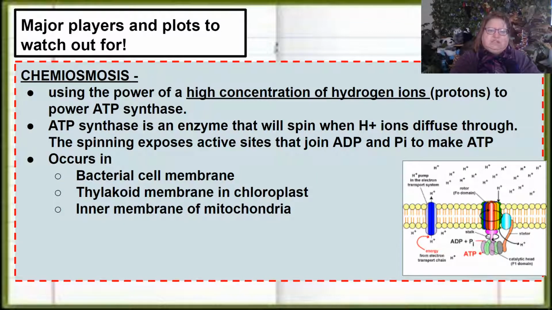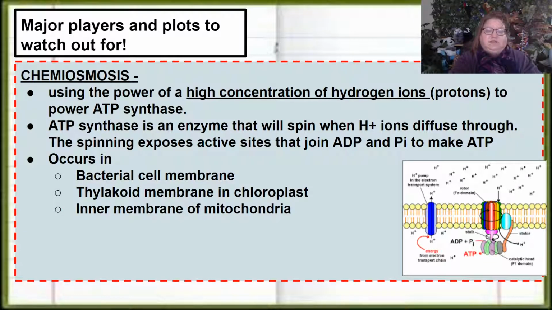The last major player to look for would be chemiosmosis, which is a fancy term. Think chemical and then osmosis. It's not water, but think diffusion. Chemiosmosis is when we use the power of a high concentration of hydrogen ions, and hydrogen ions are simply protons, positive charges, and we're going to use that gradient, that high concentration, to power something called ATP synthase.